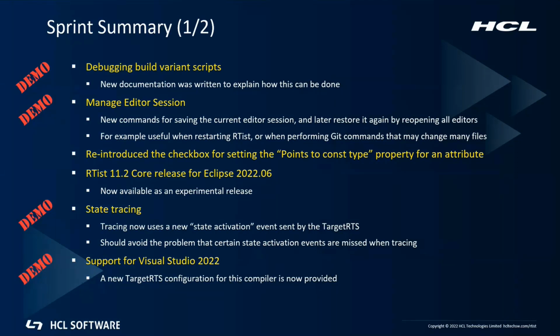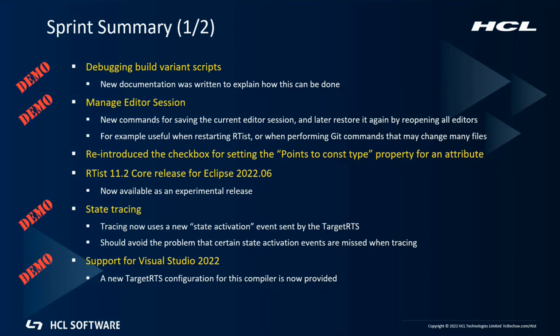Previously, it was done by using the transition triggers and analyzing what state will become active when a certain transition triggers, but that turned out to be too complex and complicated in some scenarios and error prone. So we hope this solution will be much more stable. And the concrete outcome of this is that the problem that you have seen in the past, that certain state activation events were missing, should now be solved, and all state activation events should be present.